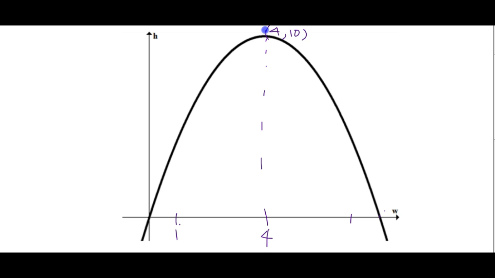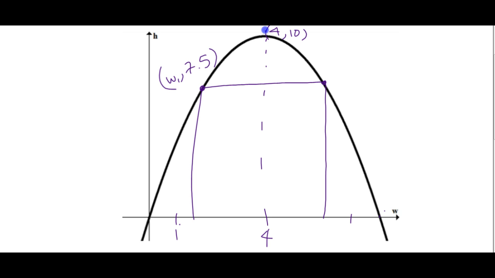So what I want to figure out is this. Actually, that's W1. So what we want to figure out is when is the first width where the height is 7.5.